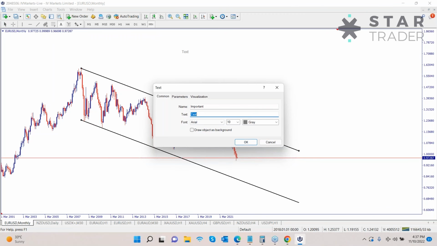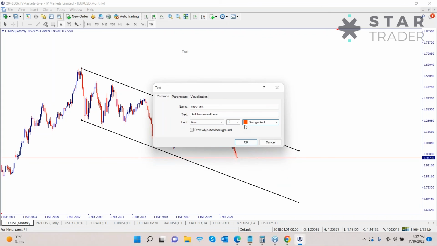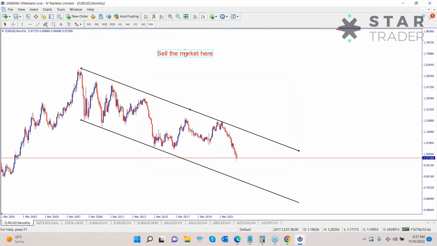For example, sell the market here. You can change the color. I make it black, or I make it red. Red is fine. And you can choose the size, like I'm going with 16. Just click on it and drag it anywhere you want. Okay, so this is the text.